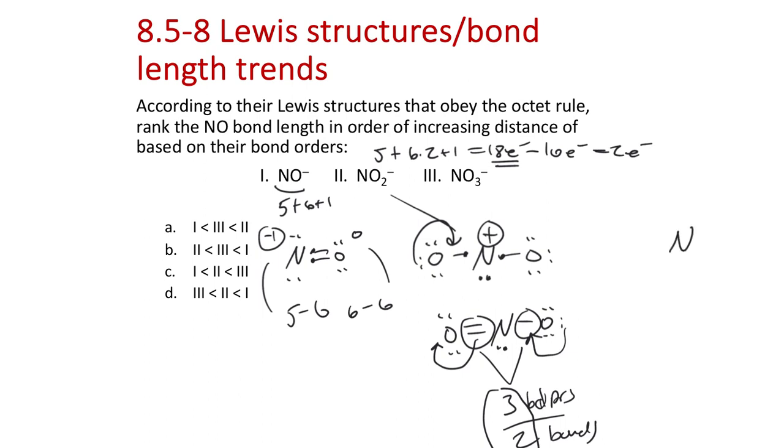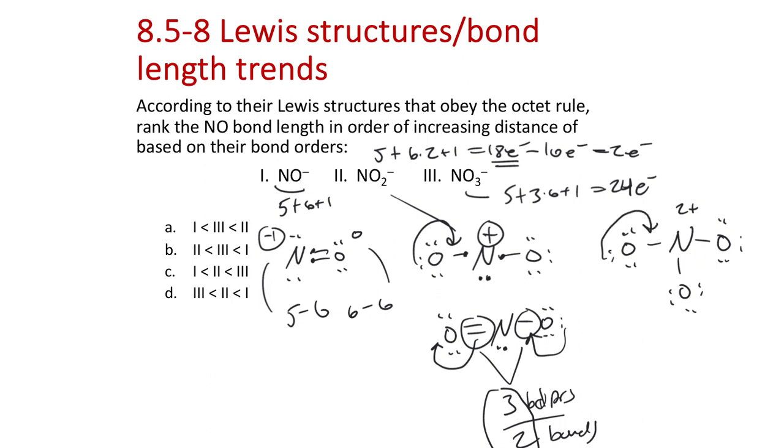For NO3 minus, 5 plus 3 times 6 plus 1, that's 24 electrons. So no lone pair for nitrogen because that's all 24 electrons, but I do now have a 2+ formal charge, and I can make a double bond.